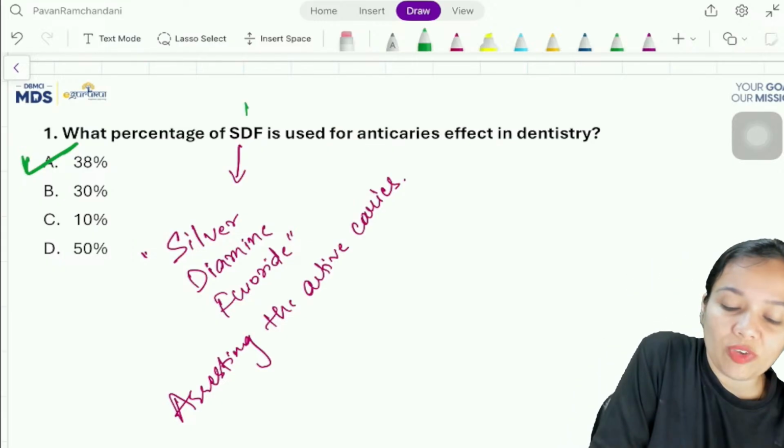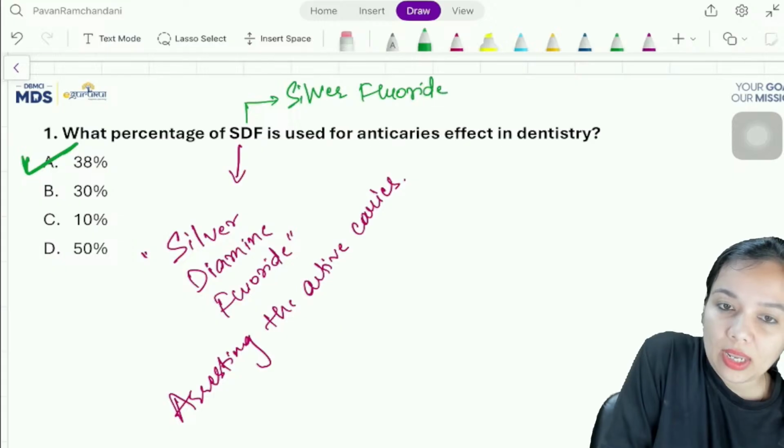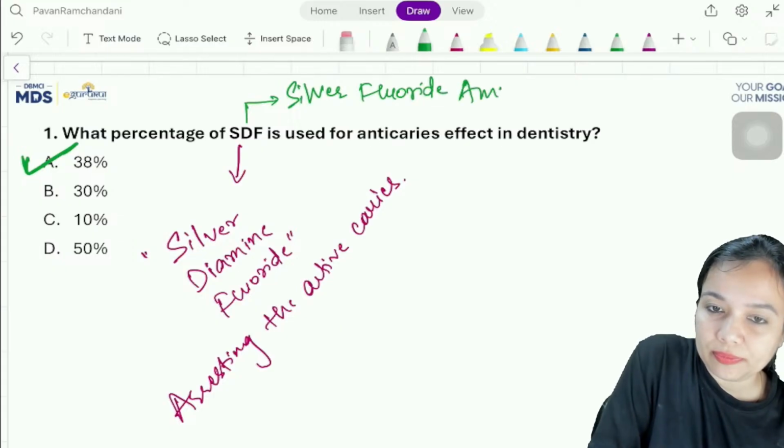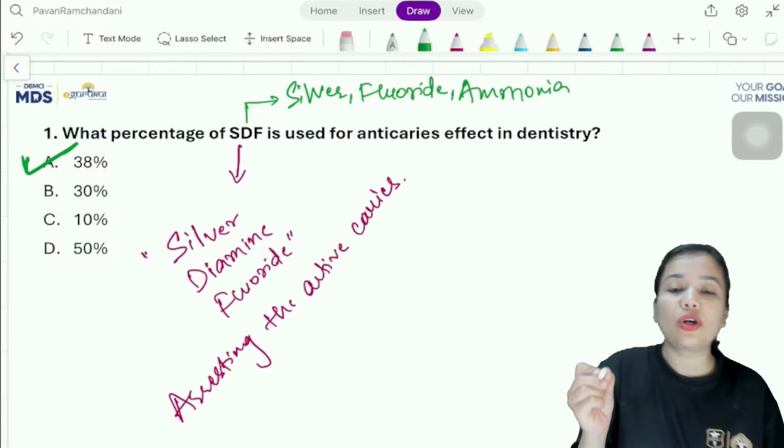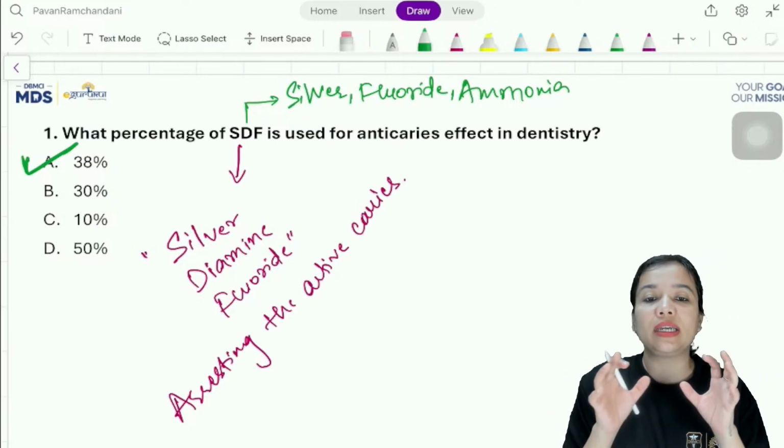Okay, so what all do we have here? We have silver, we have fluoride, and we have ammonia. Okay, so the concentration of these three elements basically is 38%.